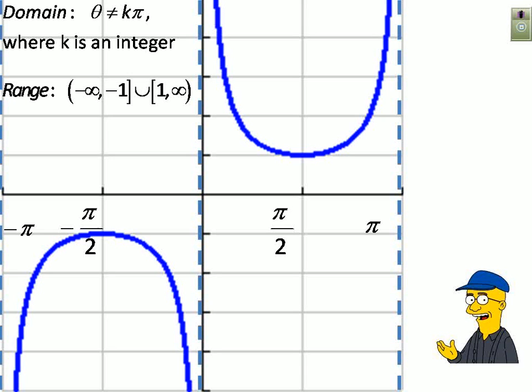The range is from -infinity to -1, inclusive of -1, and then union with 1 to infinity. That is the range of cosecant. And the period, of course, would be 2 pi. Looking at this graph, you can see we are looking at one period here, from -pi all the way over to pi.